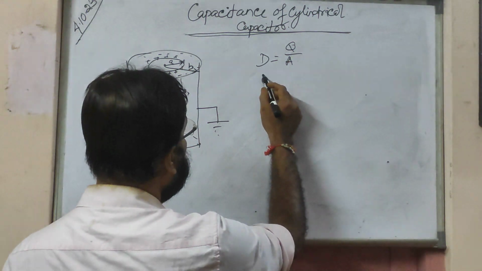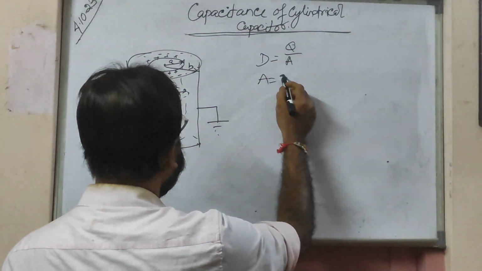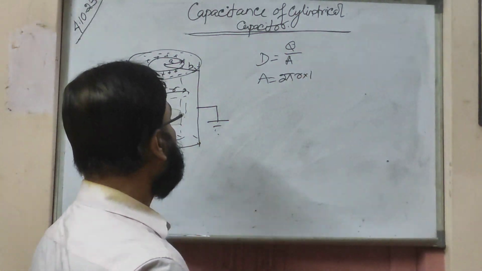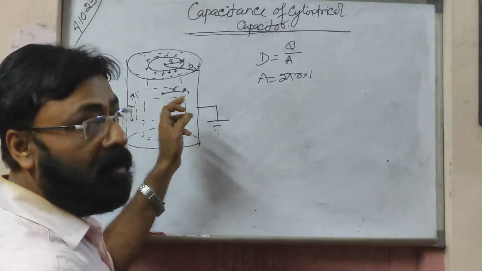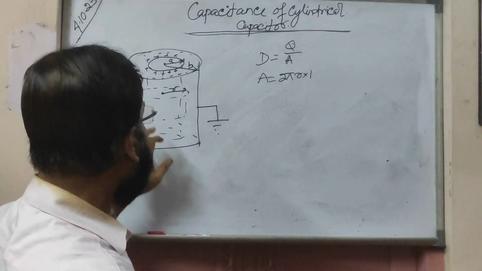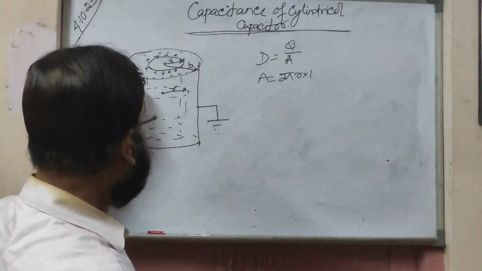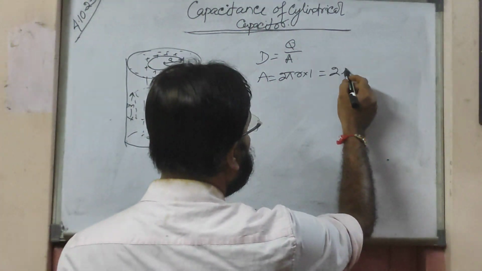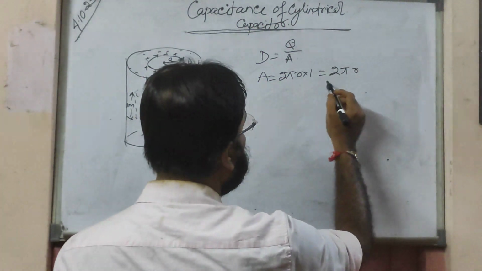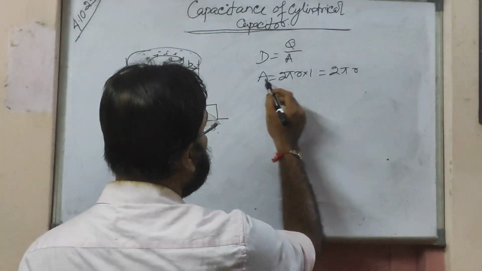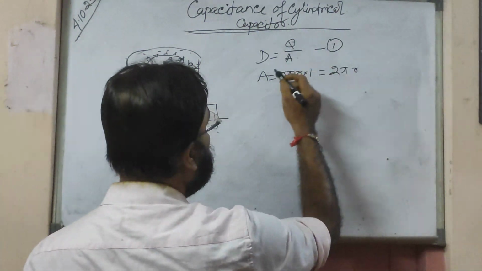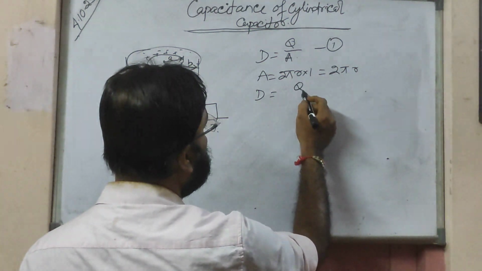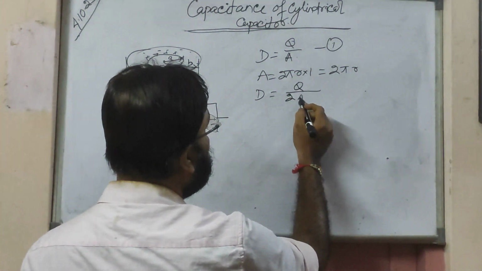The circumference is 2 pi r and the length is 1, so the area is 2 pi r square meter. Now we substitute the value of A in equation 1, which gives D is equal to Q by 2 pi r.